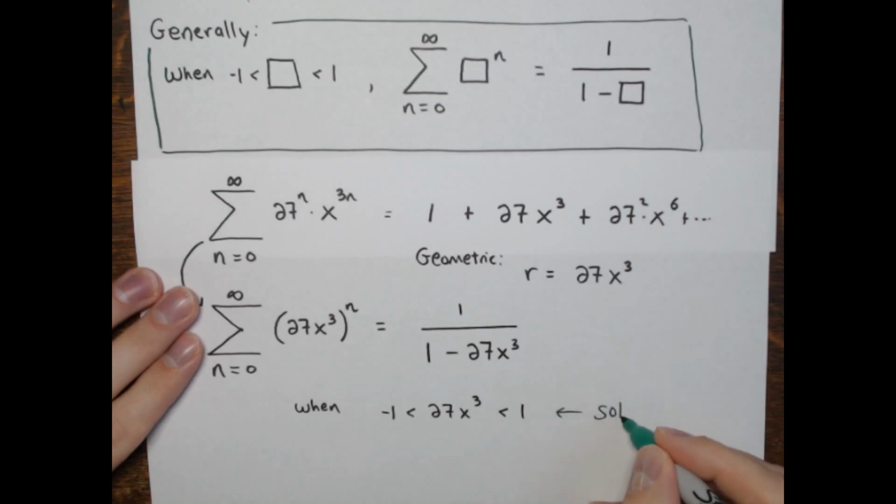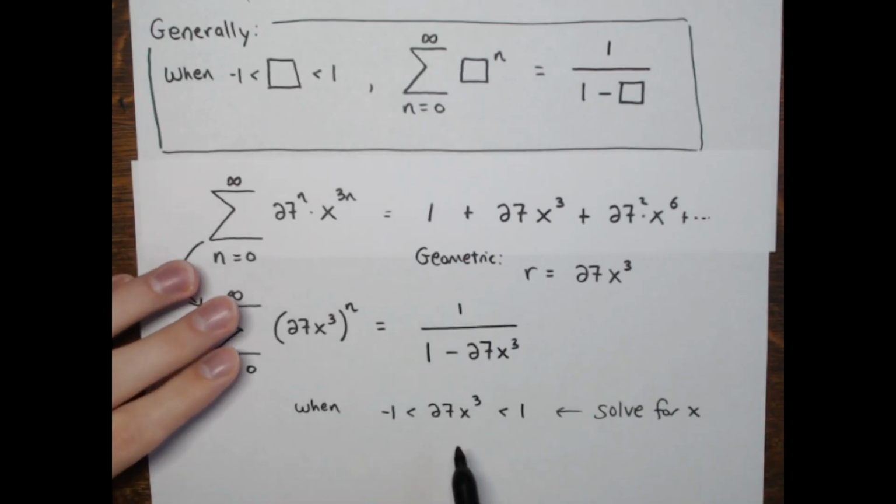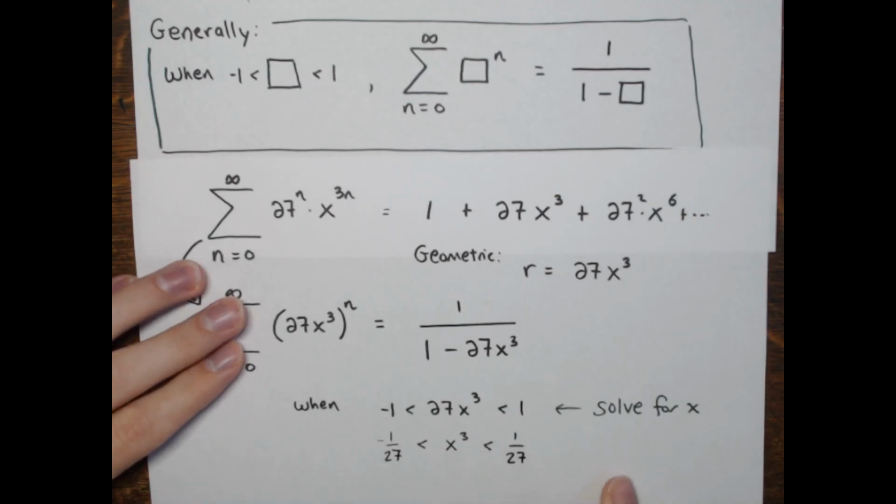But yeah, solve this inequality here for x to get the interval of convergence. Well, dividing through by 27, -1/27 must be less than whatever x cubed is, and that must be less than positive 1/27th.